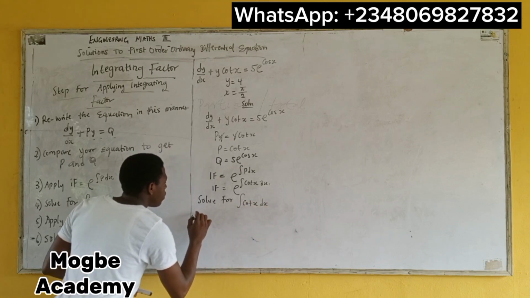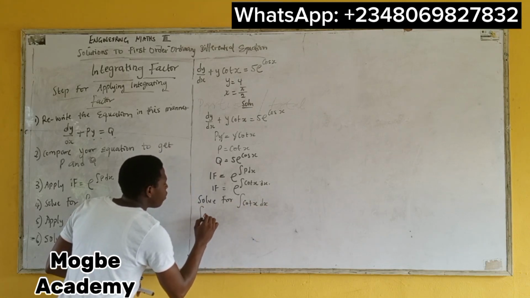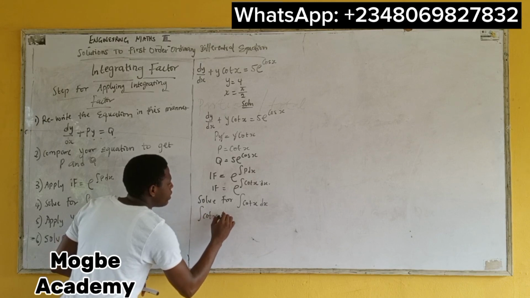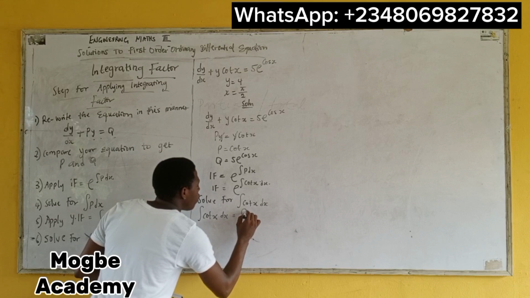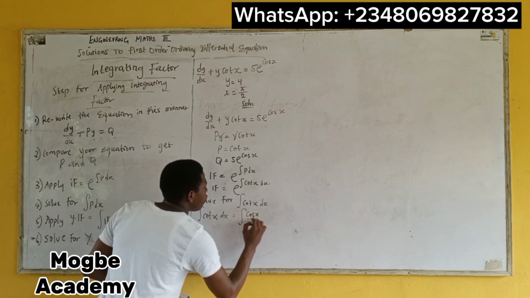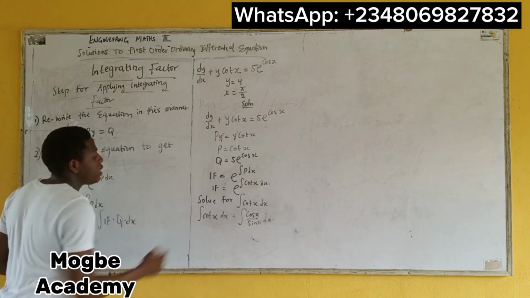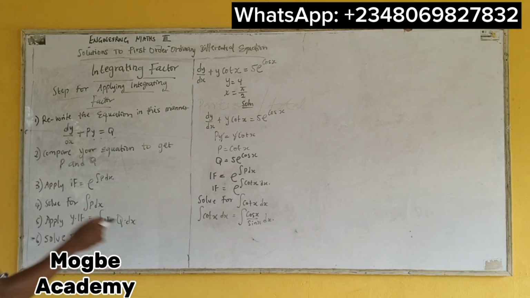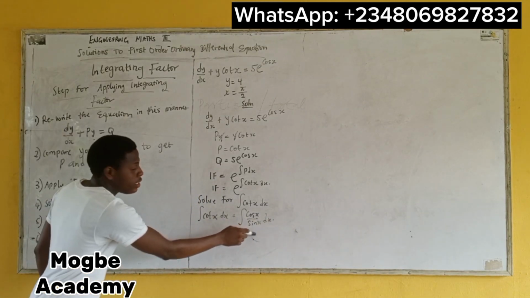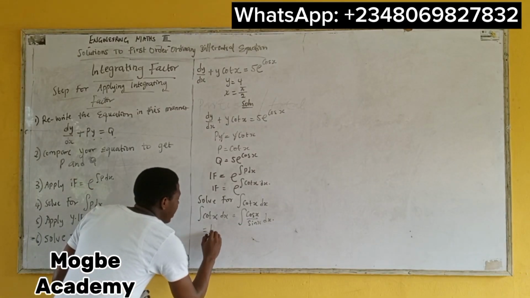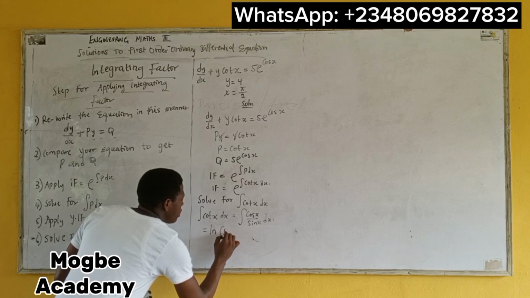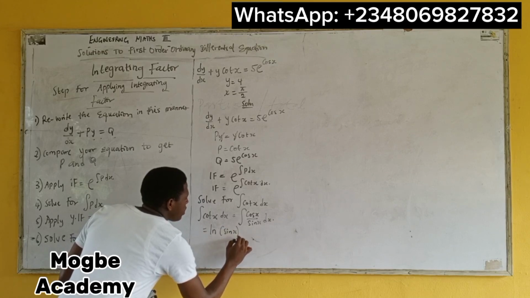Now we solve for this power: the integral of cos x dx, which is the integral of cos x over sine x dx. If you integrate this, you have ln sine x.